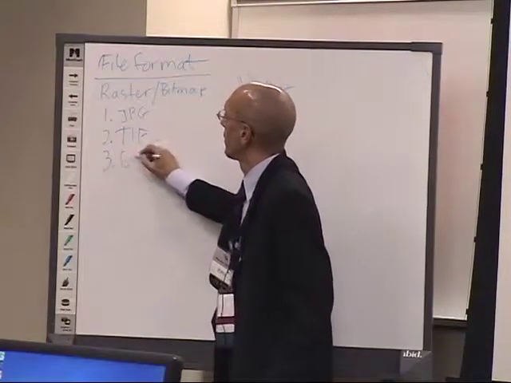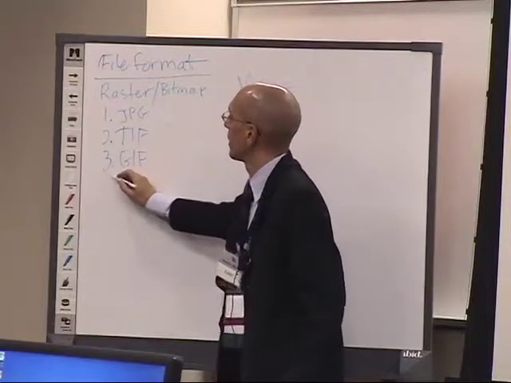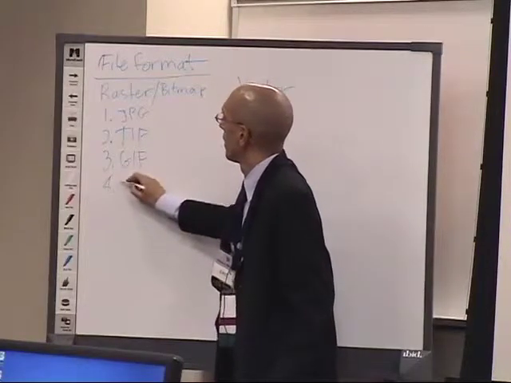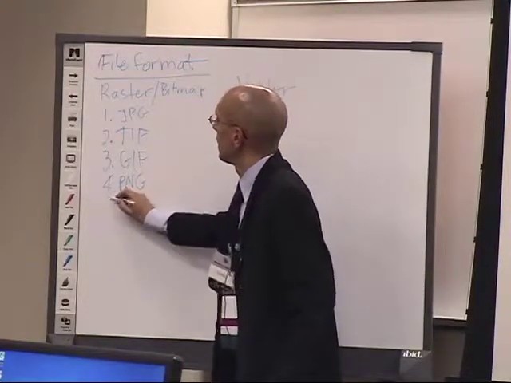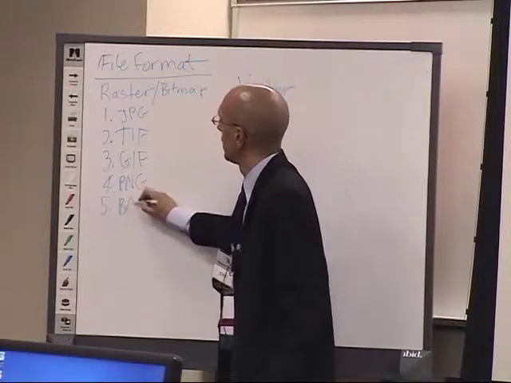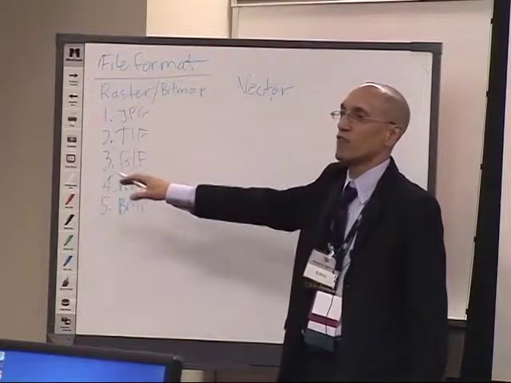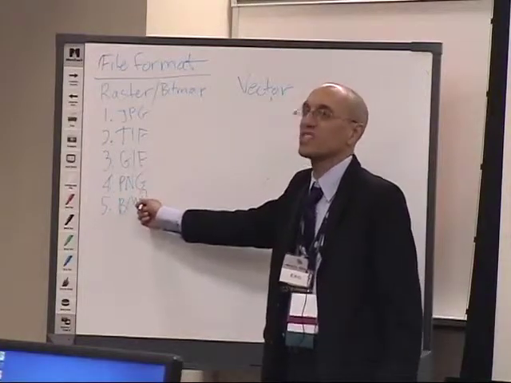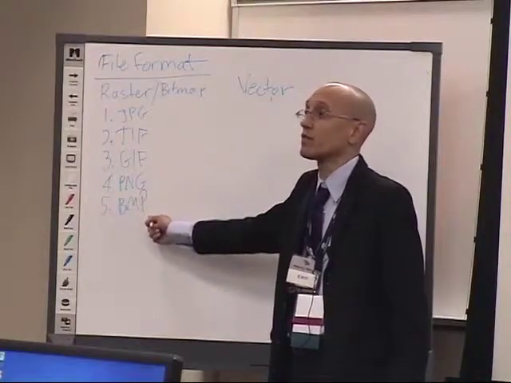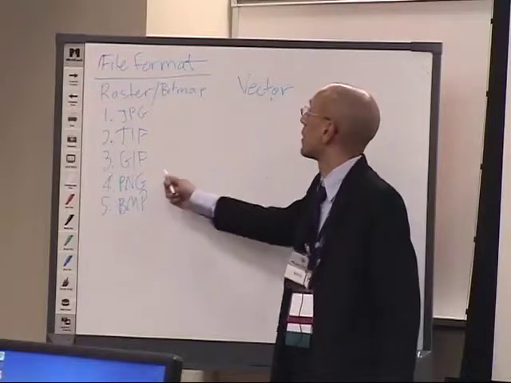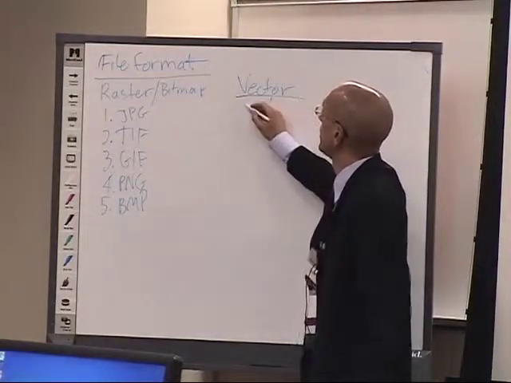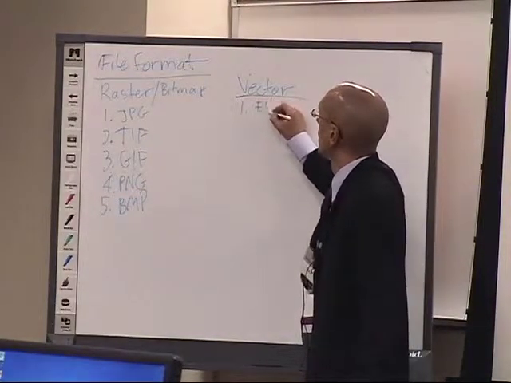We also have GIF, PNG. We have BMP. You'll see these kind of things as choices to save your photos as, or scans, the scans that you make of drawings or documents. But vector is pretty much limited to EPS.